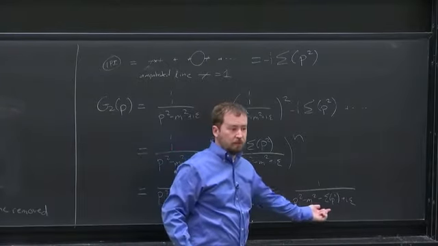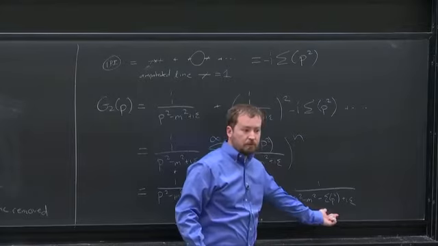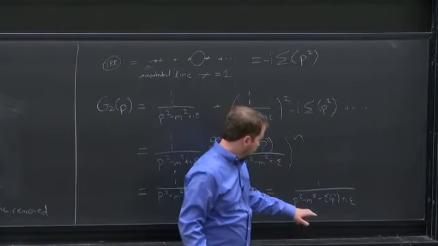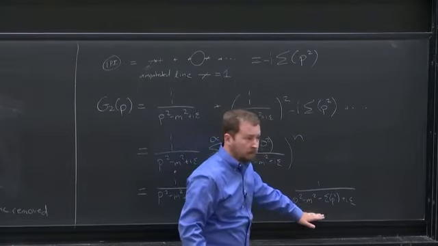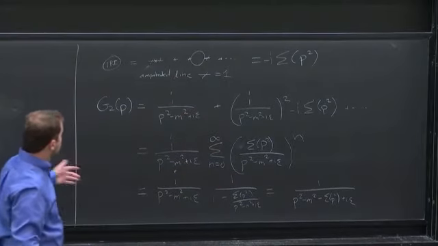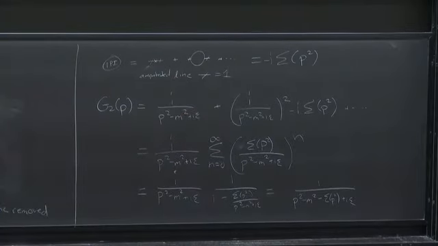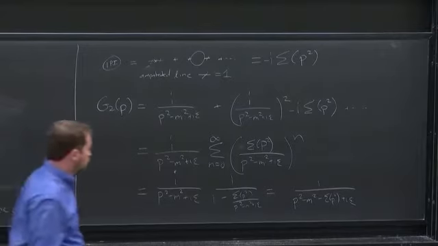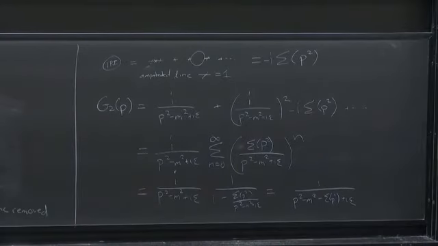We see that by resumming these diagrams, these corrections shift the mass. If we compare this expression we got from doing perturbation theory to all orders and resumming it to this expression, we get some constraints on sigma of p.